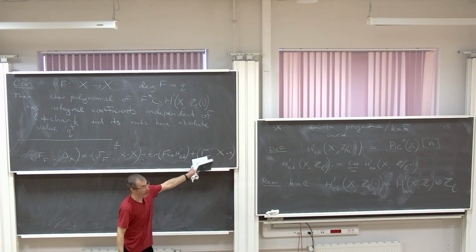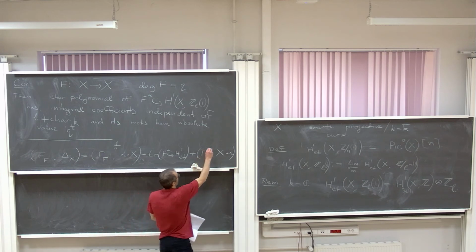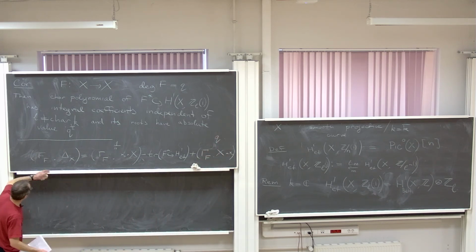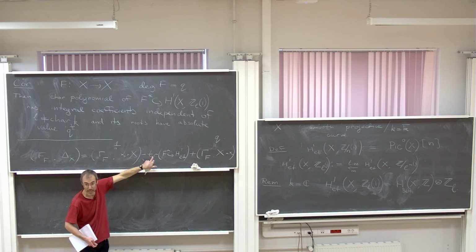Right? And what is this number? Degree. So this is my Q. So if I apply the Lefschetz formula from this Weil theorem, I have that this intersection is 1 plus Q minus this trace.